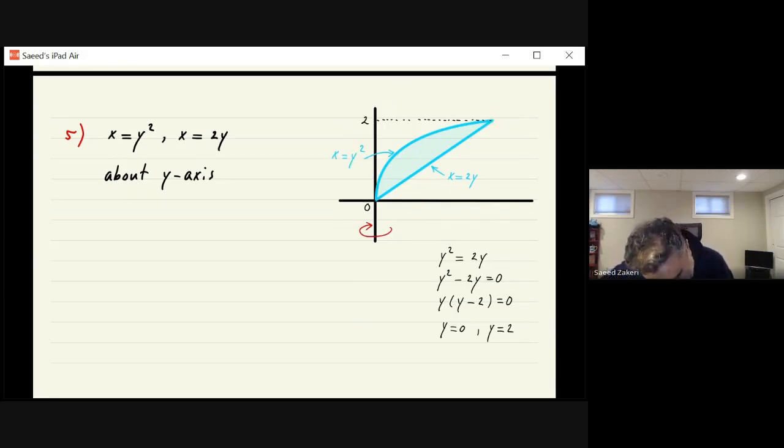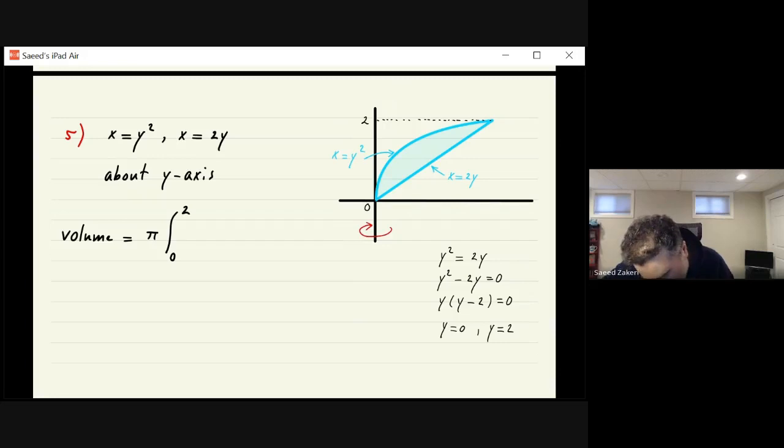So if I set it up as an integral, the volume, again, I'm not doing anything new. This may seem like a new problem, but it is really one of the old problems in disguise, in the sense that what used to be x is now y, what used to be y is now x. So it's going to be pi integral from 0 to 2. Those are the bounds, the lower and upper bounds for y.